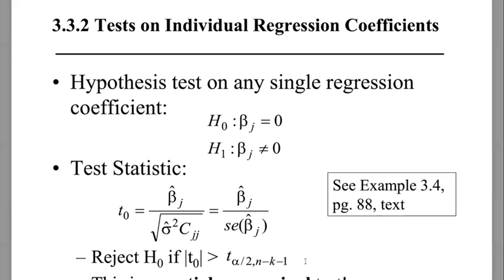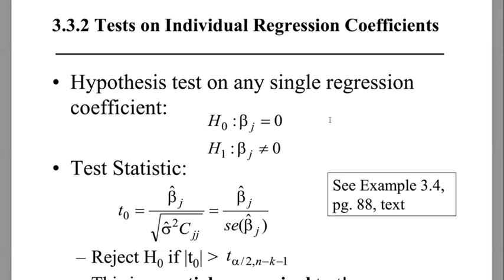An economical way to state both of those criteria is to say that we reject if the absolute value of t-calc is greater than the upper alpha over 2 percentage point of the t distribution with n minus k minus 1 degrees of freedom. The way they're showing this is a two-tailed test, which is what we've got here.